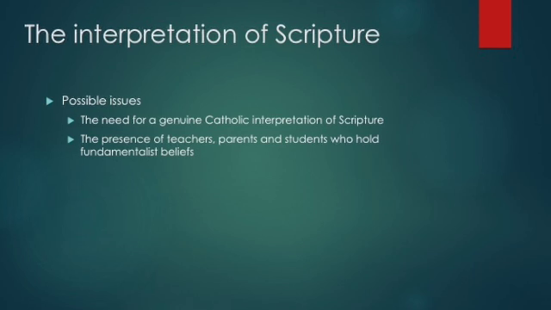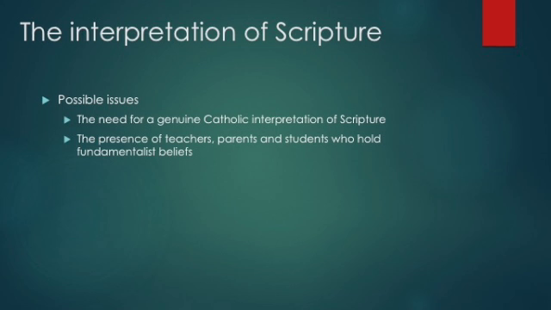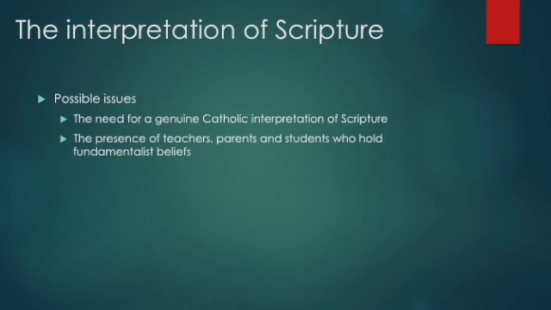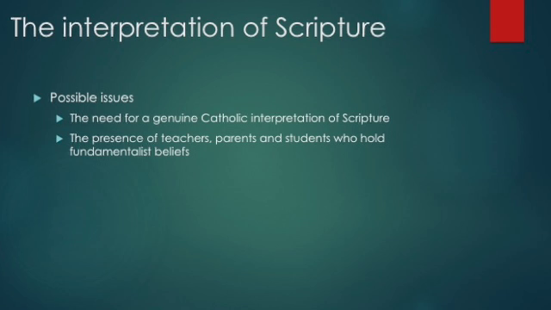So the 2 things I suppose that I want to stress as you go through this material is the need in a Catholic school for a genuine Catholic interpretation of Scripture. And the second thing to keep in mind is that in pretty much any school today, there will be teachers, parents and students who hold fundamentalist beliefs in relation to the interpretation of Scripture.